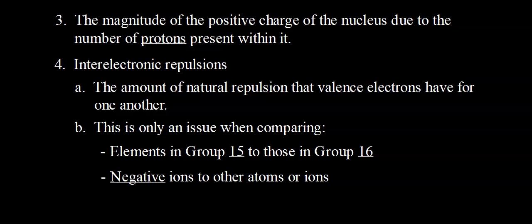So the electrons in an atom, because they have like charges, they're negatively charged, will repel each other. And this is just a phenomenon that's observed. Like charges repel, opposite charges attract. Now, this will only be an issue when we're comparing elements in group 15 to those in group 16, or when we're looking at negative ions, especially when we talk about ionic radius, negative ions compared to other atoms or ions.